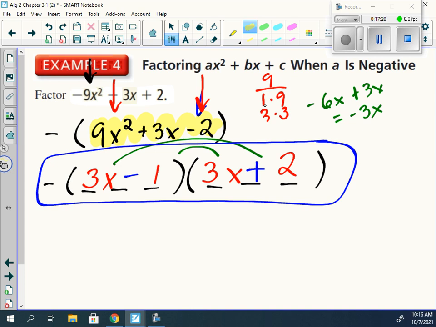Is that what we started with? Well, no, we started with the -9x squared minus 3x plus 2. So without that negative, it's not the original problem. Like on the first one where we pulled out the 8, if you don't include that 8 in the answer, it's going to be marked not completely wrong, but you're going to lose points because we need the original equation.